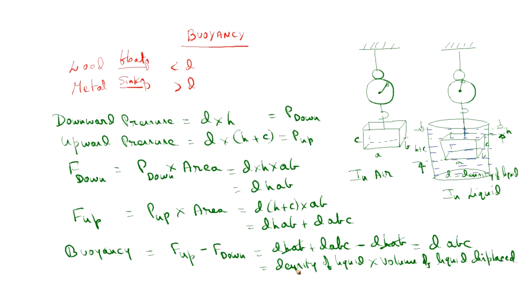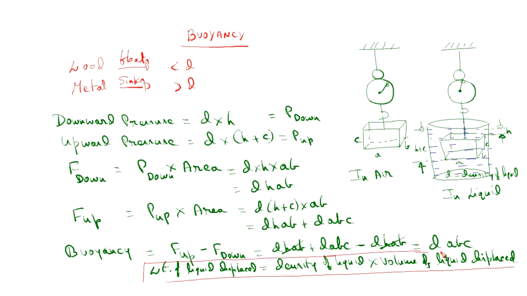Buoyancy is defined as the weight of liquid displaced, because density into volume is weight. We know that density is defined as weight by volume, so weight becomes density into volume. So, the weight of the liquid displaced by submerging is equal to the density of the liquid into the volume of liquid displaced, which is nothing but buoyancy.